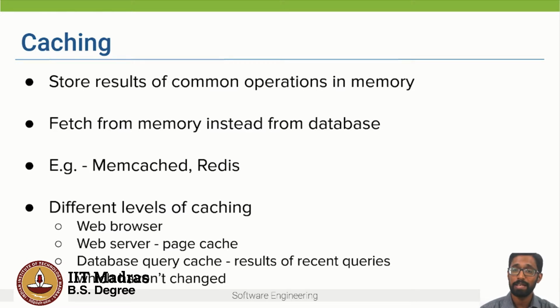The database can have a query cache which consists of results of recent queries which haven't changed, and instead of querying the database again, the database can return the results from the query cache to the web server and then to the client. So caching is an important way in which we can improve the performance of our system.